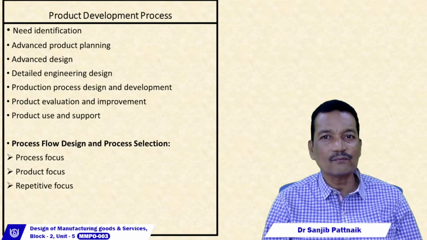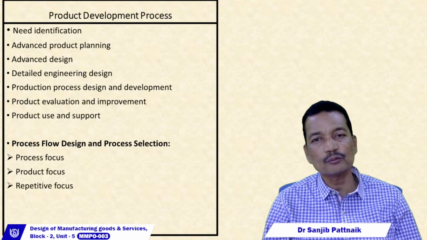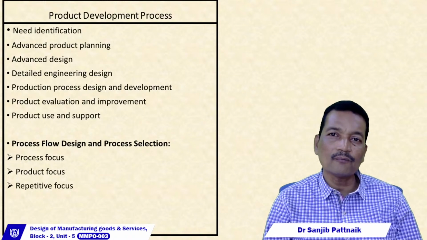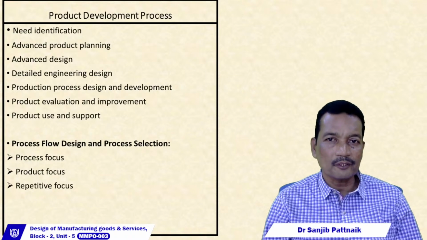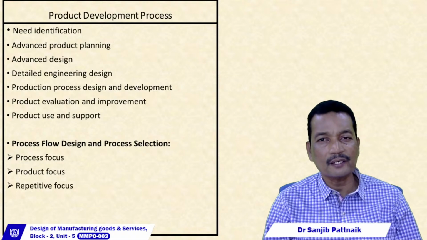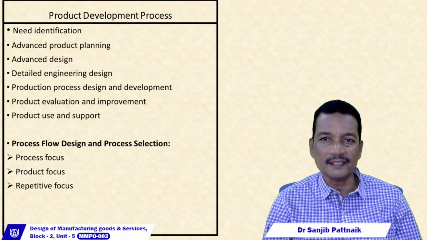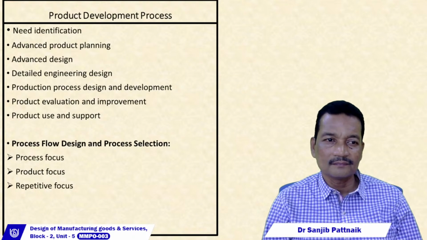Once these things are formed, we go to the drawing boards. Drawing boards means using either computer-aided design or CAM, computer-aided manufacturing, for detailed engineering design.